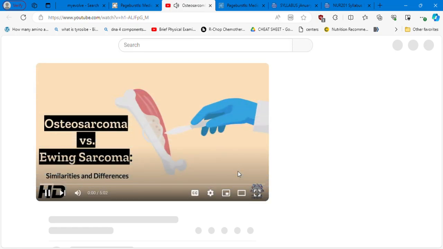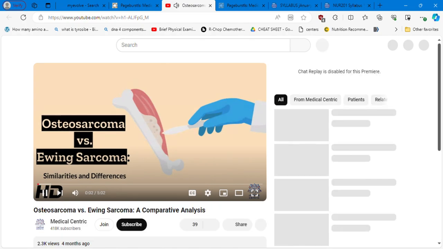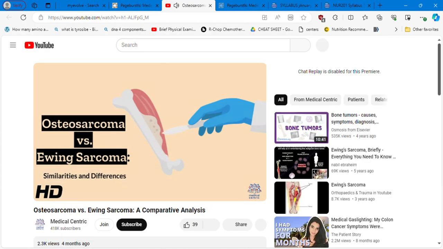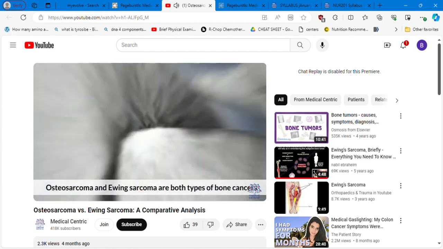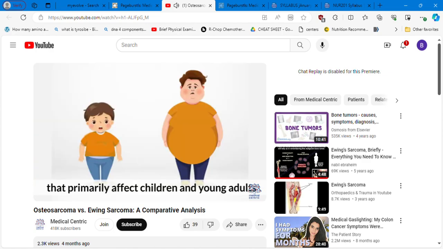Today's medical-centric topic is osteosarcoma versus Ewing sarcoma. Similarities and differences. Osteosarcoma and Ewing sarcoma are both types of bone cancers that primarily affect children and young adults.